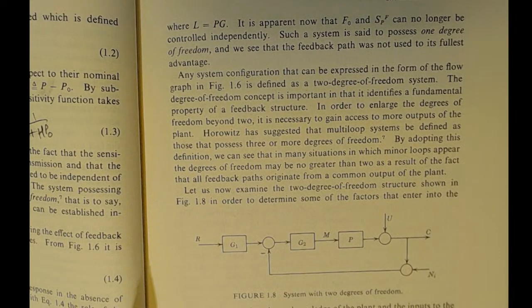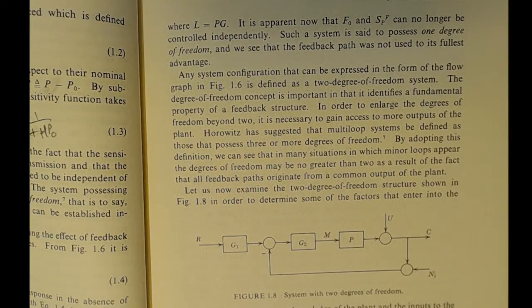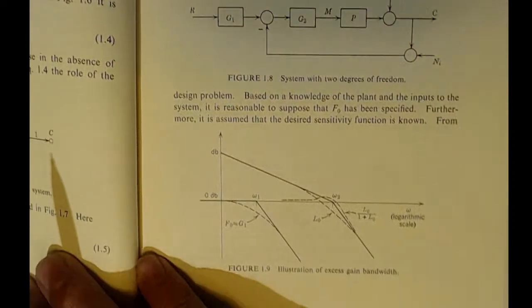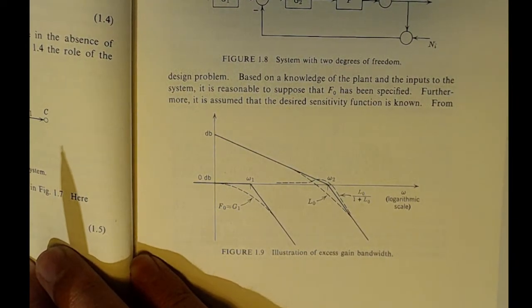So I'm a little iffy on what the concept of 2 degrees of freedom is about, and this sensitivity function is just totally baffling. What is that? I just don't get it. And someone's talking about having multiple loops, and now here's a frequency response plot, based on the sensitivity function.